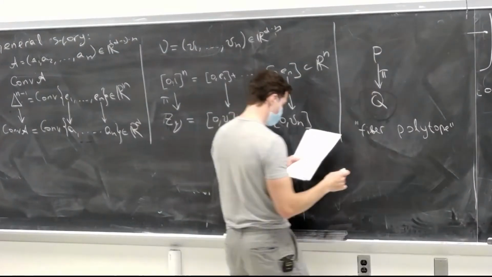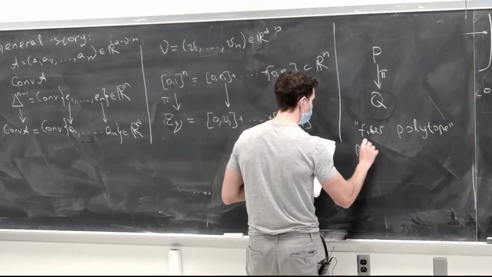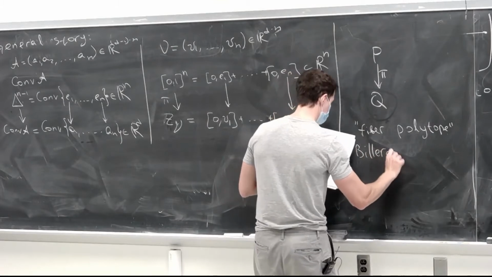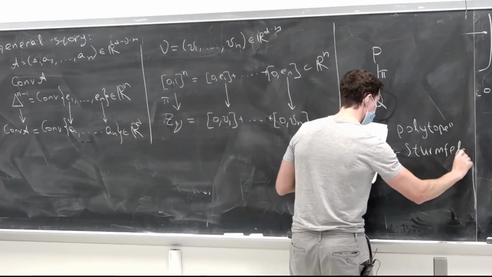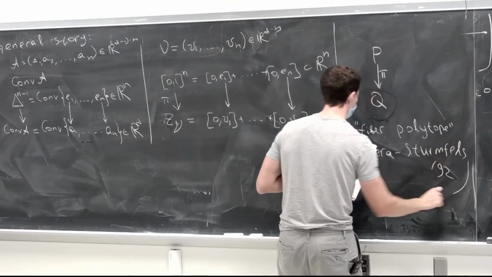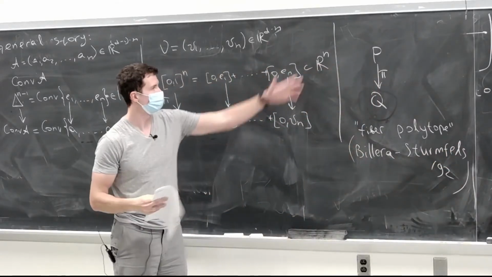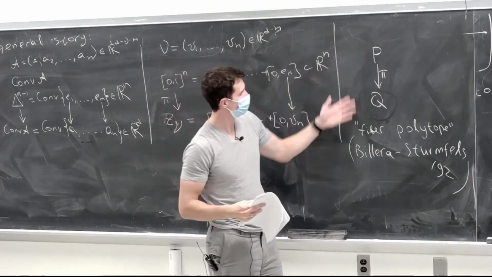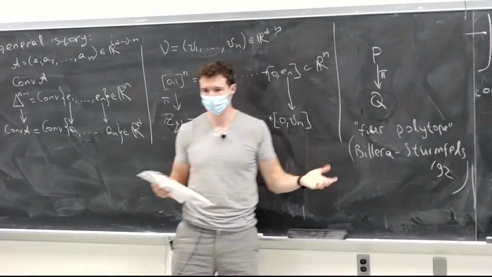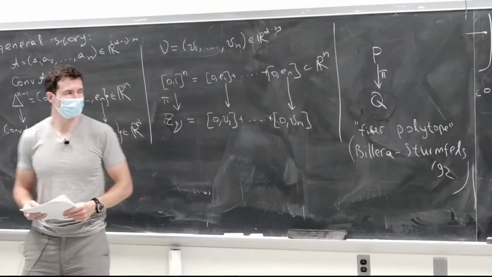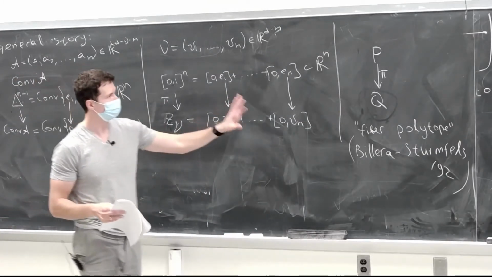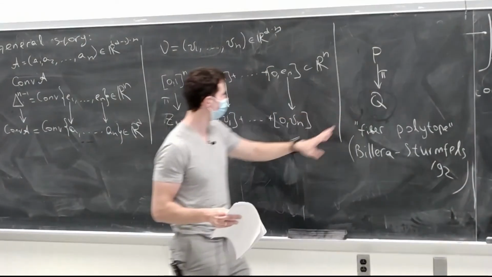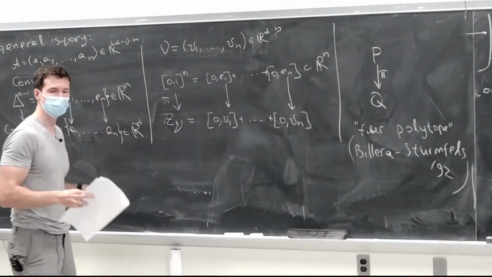This is all due to Billera and Sturmfels in '92. So that's the general picture you should have in mind: for any projection you get nice analogs of triangulations and zonotopal tilings. But that is not studied as much as these two cases.